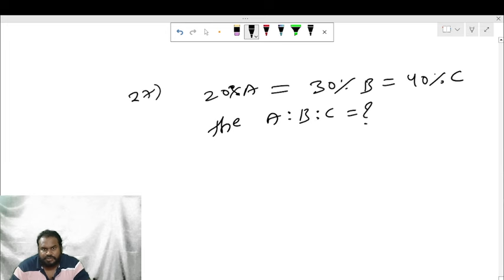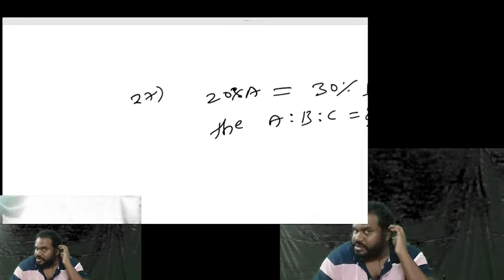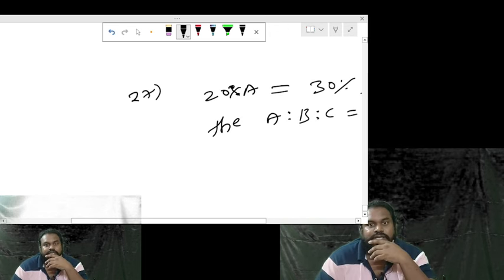So there is a question given like this: 20% of A equals 30% of B equals 40% of C. Then what is the ratio between A, B, and C? A is to B is to C equals how much? He's asking.